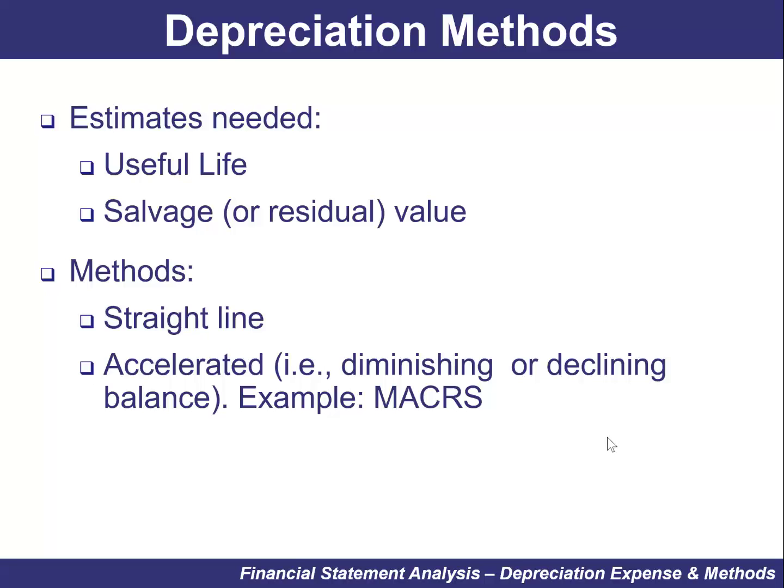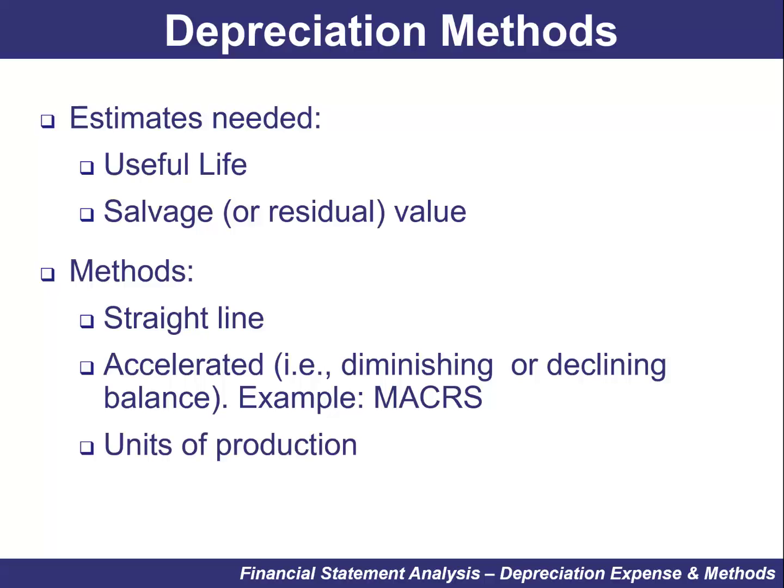In straight line, the depreciation expense is allocated evenly over the useful life of the asset. Under an accelerated depreciation method, you have more depreciation in the early years of the asset's life and less later on. And third, you've got a method called units of production.